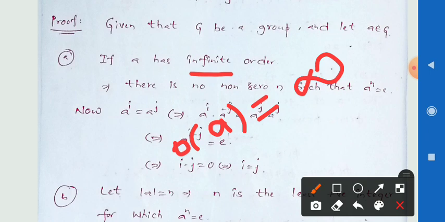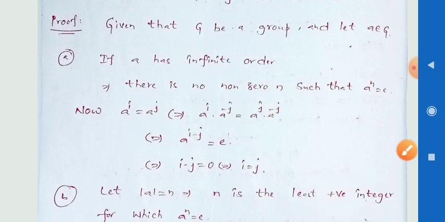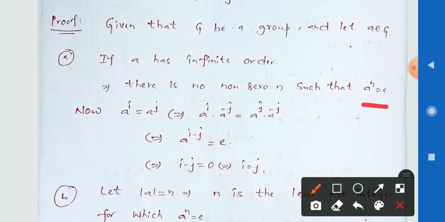The meaning of infinite order is that there is no non-zero n such that a power n is equal to e, by the definition of order.